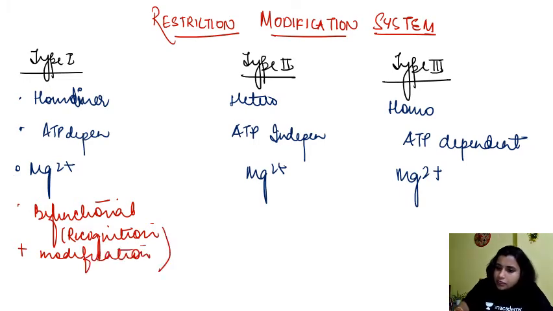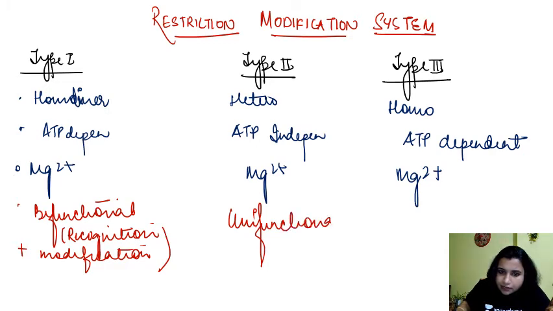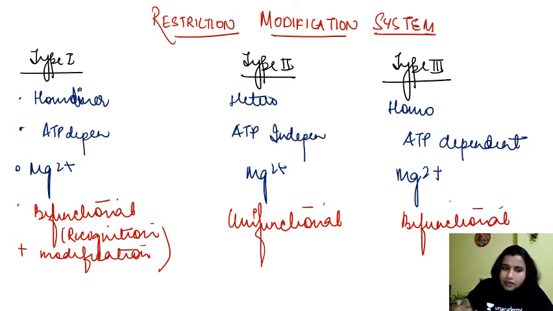But here it is not bifunctional, it is unifunctional. It performs a single function at a time, either recognition or modification. This is also again bifunctional, right?